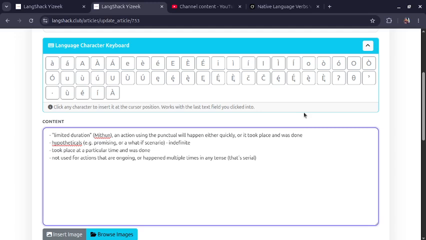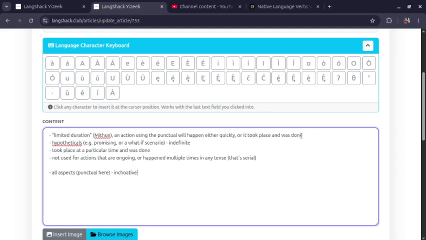Within an aspect, you can also have moods. If you have all aspects, then you can have any kind of mood.